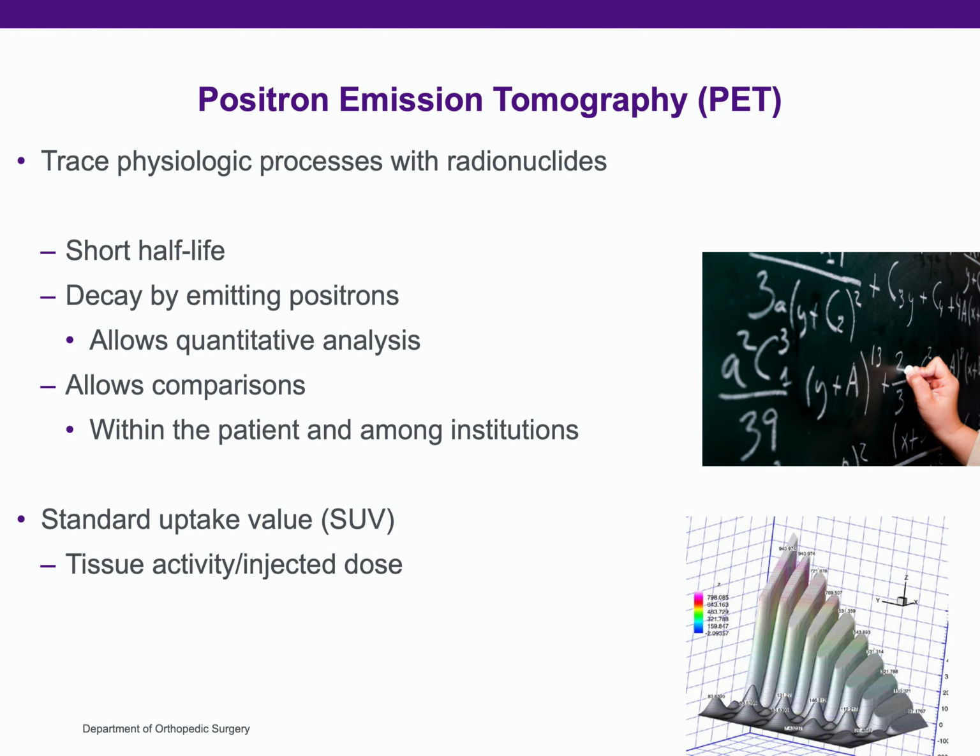It gives you something called the SUV, or standard uptake value, which basically gives you an idea of the tissue activity, which is calculated very mathematically, and it's well documented statistically, basically where you see the activity of the tissue based on the amount of radionucleotide that's injected into the patients.